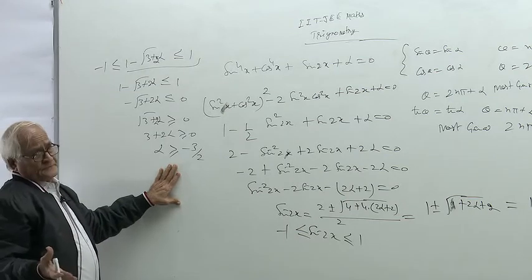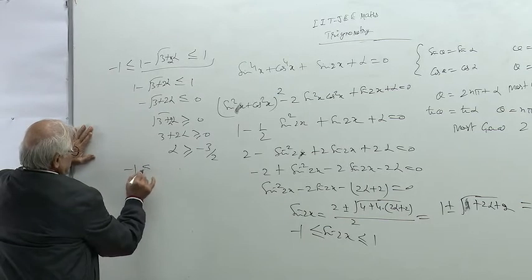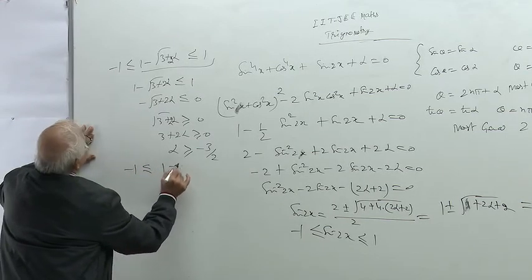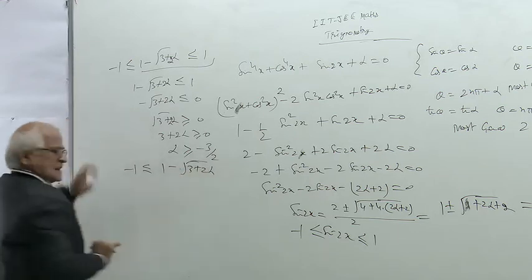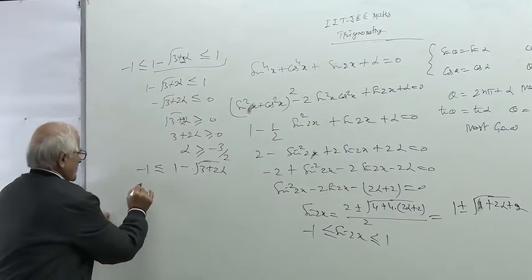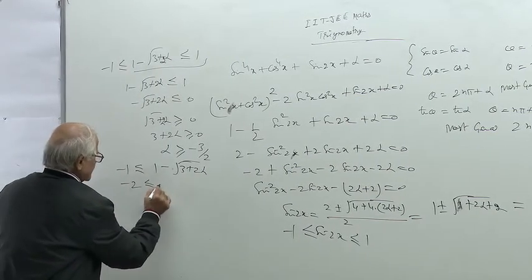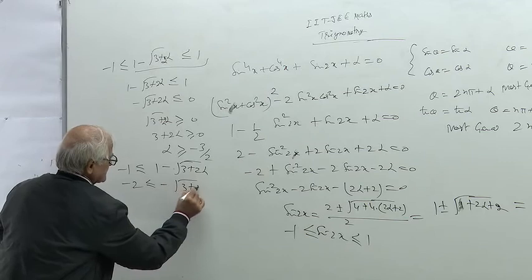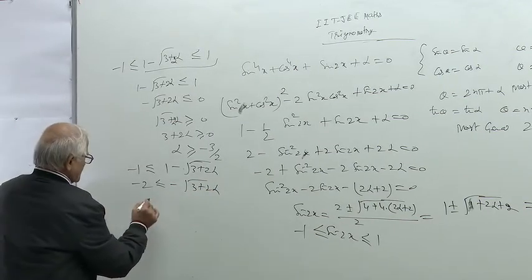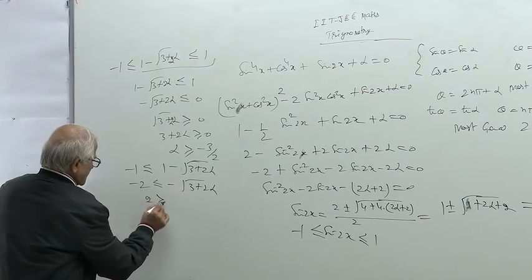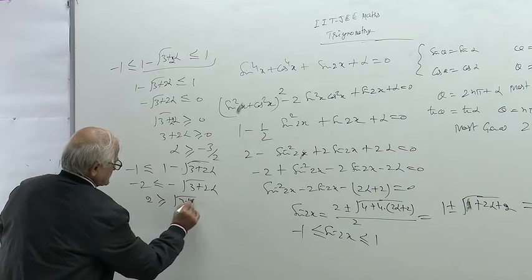This is clear. Now we take the second value, minus 1 less than 1 minus root of 3 plus 2 alpha. Now bring this one to this side. I take the minus common, then 2 will be greater than or equal to root of 3 plus 2 alpha.